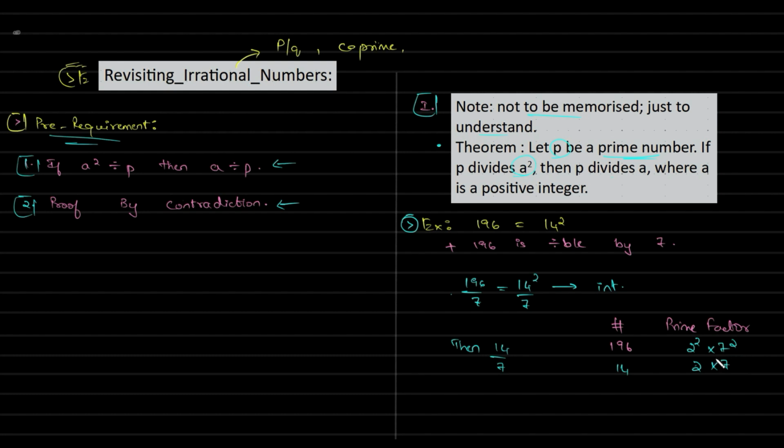Only then it can divide, right? If not, it won't be able to divide. 7 has to be a part of both these numbers, because 196 is a square of some number, and 196 itself is divisible by 7. So that 7 has to come from this number, is it not? So if 196 is divisible by 7, 14 also by default will be divisible by 7.